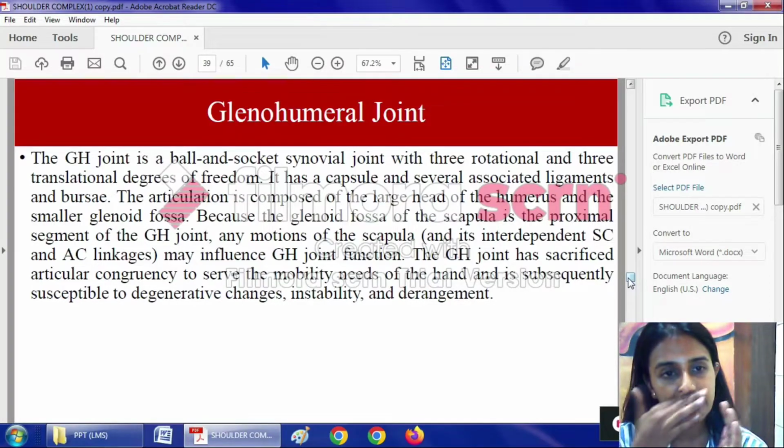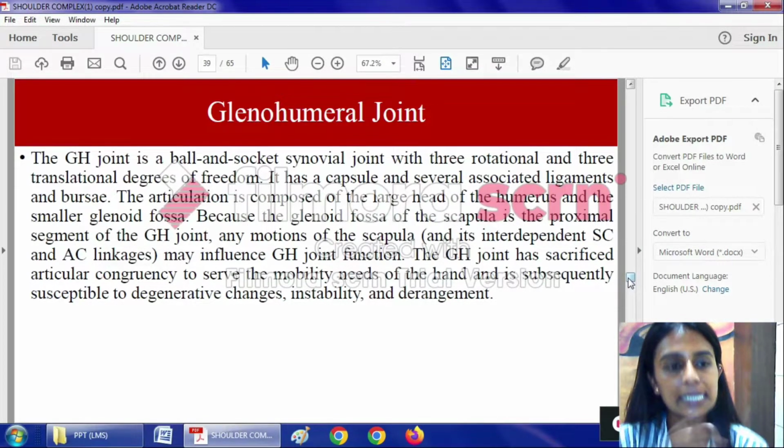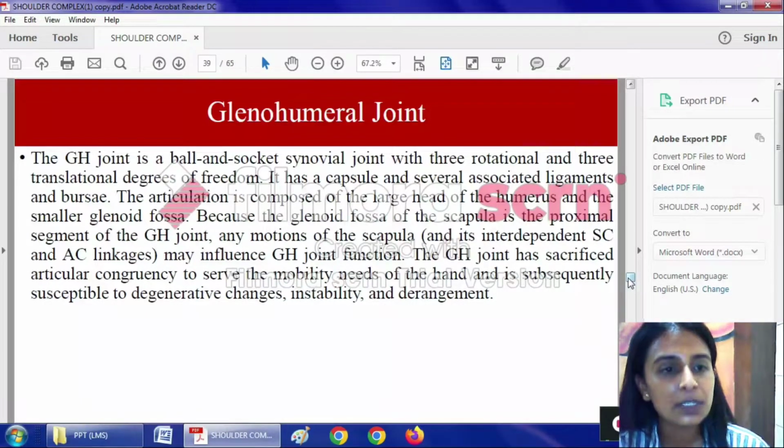Now, our next joint is the glenohumeral joint, that is the GH joint. The GH joint is a ball and socket synovial joint with 3 translational and 3 rotational degrees of freedom. It has a capsule with several associated ligaments and bursa. The articulation is composed of the large head of the humerus and the smaller glenoid fossa.